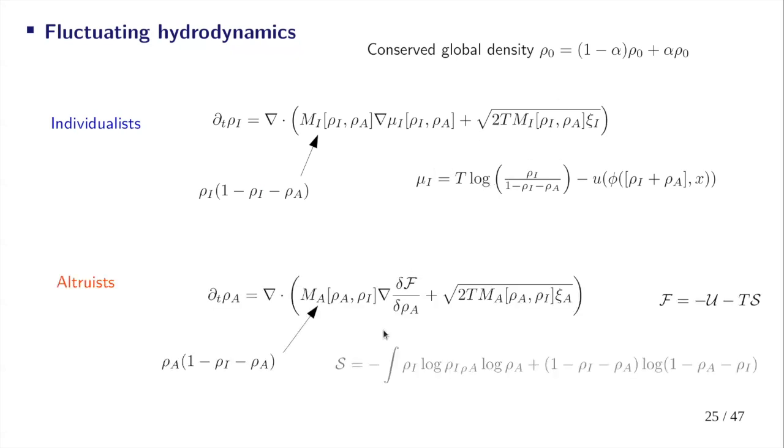And for the altruists, now you have, I mean, still this mobility, but you have a system-wide objective function, which is the macroscopic utility. And here the free energy is, as expected, the sum of your system-wide utility and the mixing entropy.